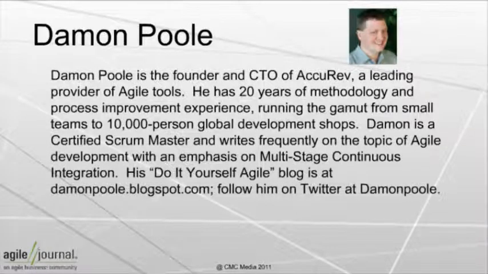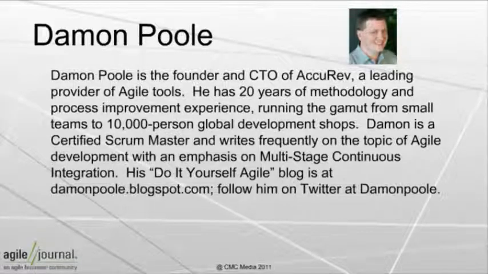Hey, no check-ins all week. That's strange. Let me give them a call. Also, with multi-stage continuous integration, if each team has its own branch, remember, then that means the team in India or San Jose or exotic Boston has their own branch for doing their work with continuous integration, giving them feedback. So if I do a check-in before I leave and it fails, it's not going to go to the main line.